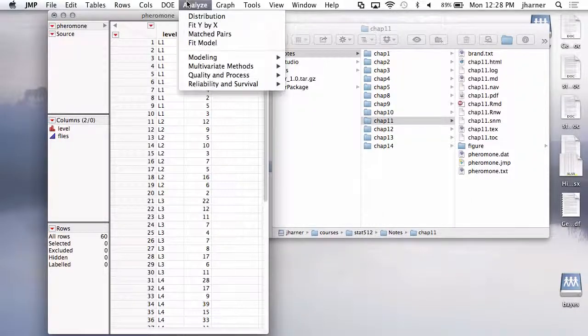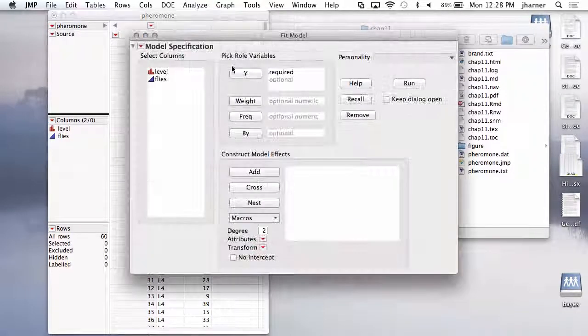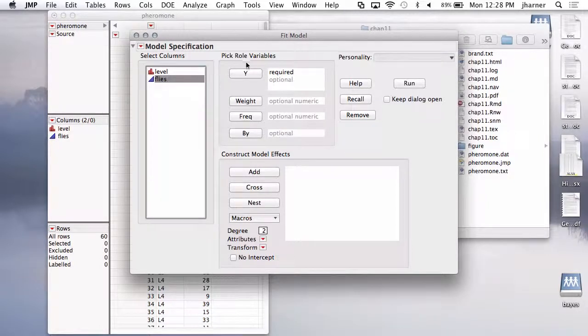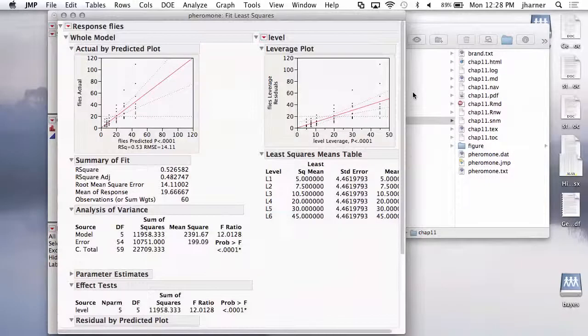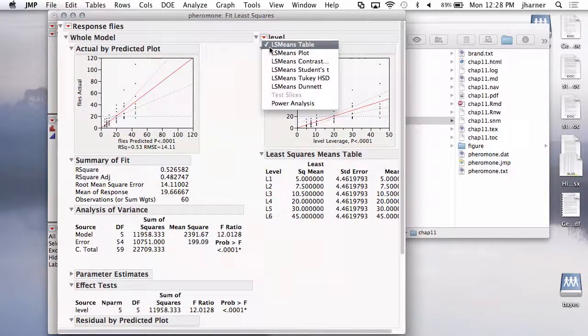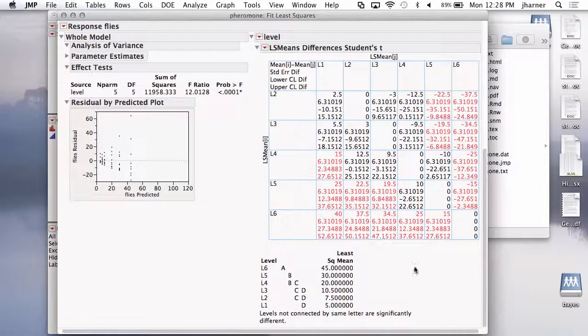So if I analyze this data, I could fit it, and I'll just do it as a fixed effect this time. I can run it. And notice I get my least squares means, and I can also get my Student's t, which is Fisher's LSD, and you can see where the significances are.